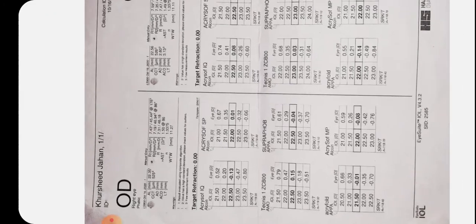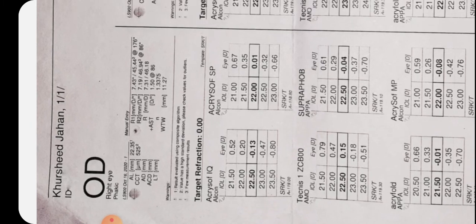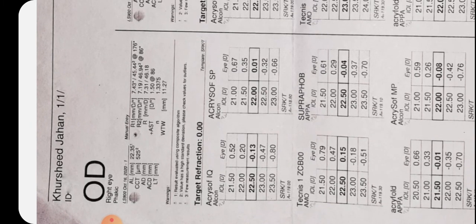Now this is the report of the IOL power that we get for IOL implantation. Here you can see the axial length is mentioned, the CCT, the central corneal thickness, is mentioned.